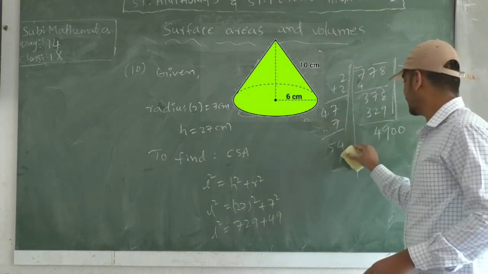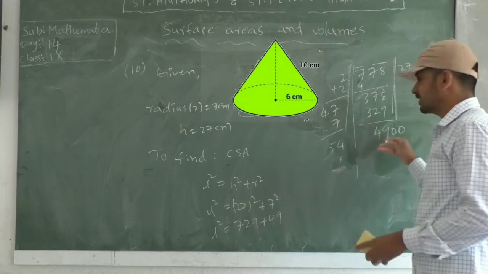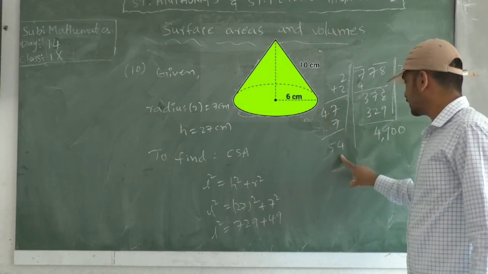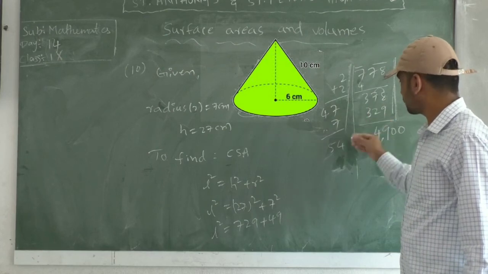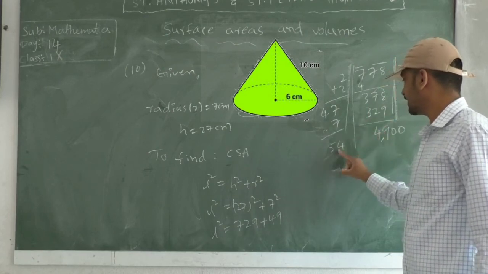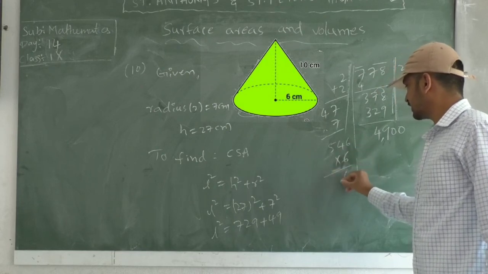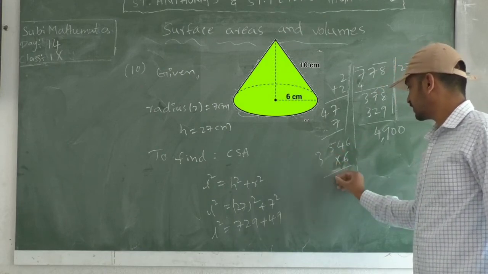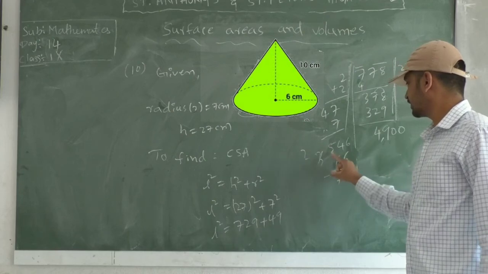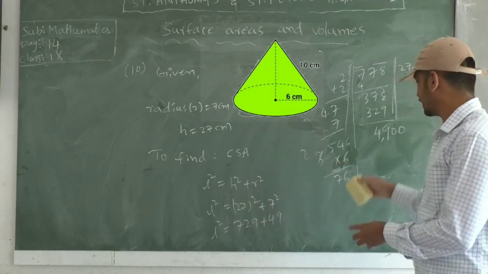So you have to take 4,900, then 4,500. With 6 we get 36, 3, 24, 27, 32. You can try with another number.